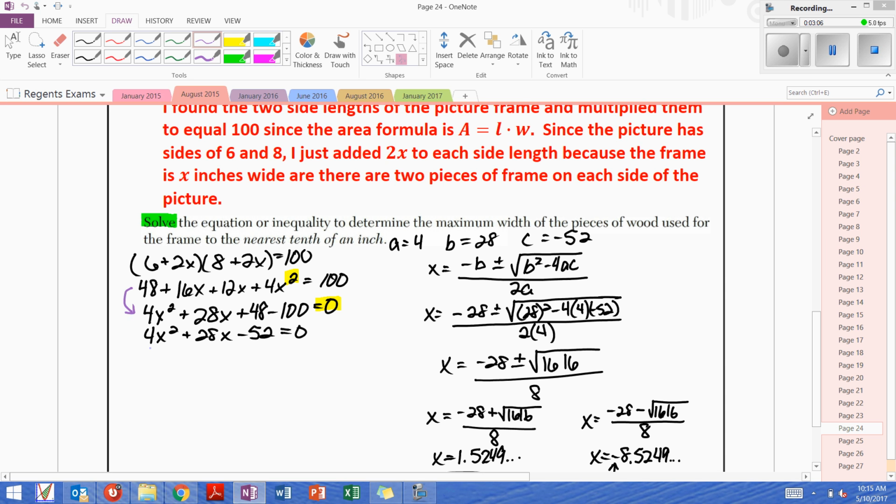So since I'm working with such large numbers, after I combine the 48 and minus 100, I have 4x² plus 28x minus 52. I'm not even going to mess around with factoring. I'm just going to go straight to the quadratic formula. So after I do that, I want to tell the reader what A, B, and C are, and then I'm actually going to write out the formula. So these are non-negotiables in Mrs. Ruscio's eyes, okay?